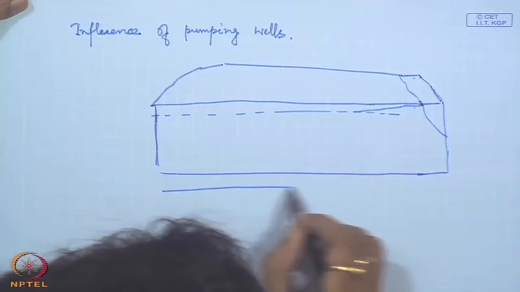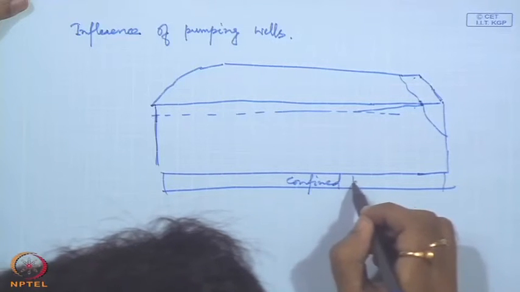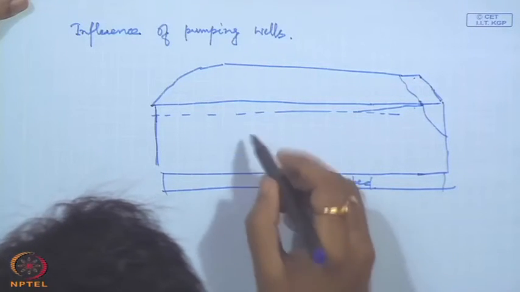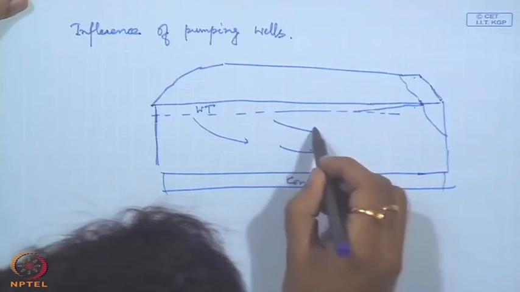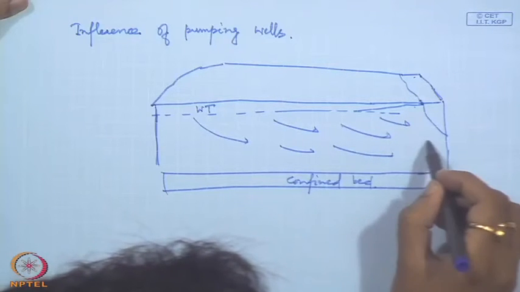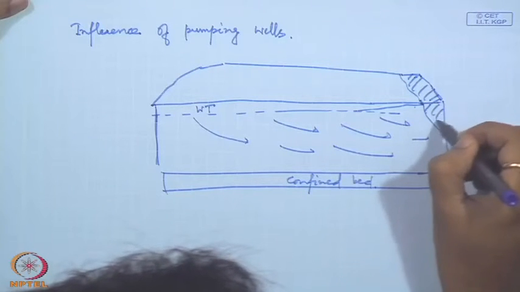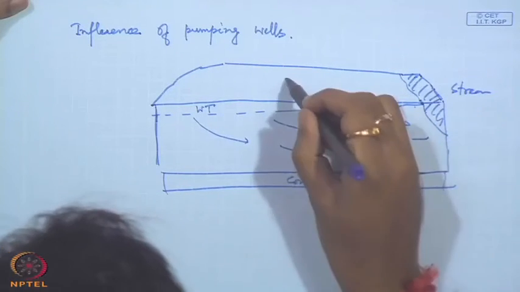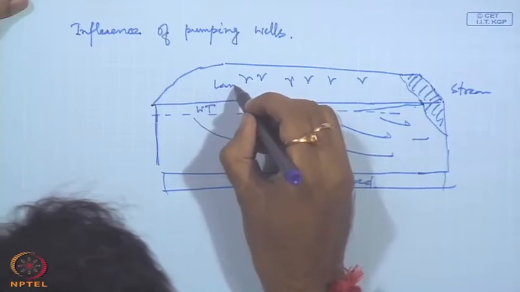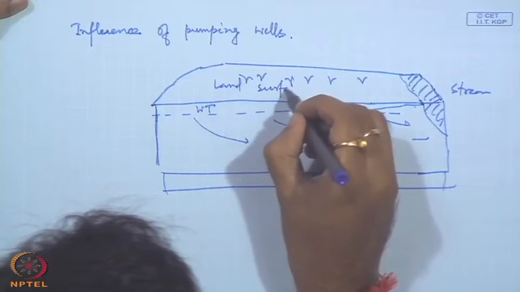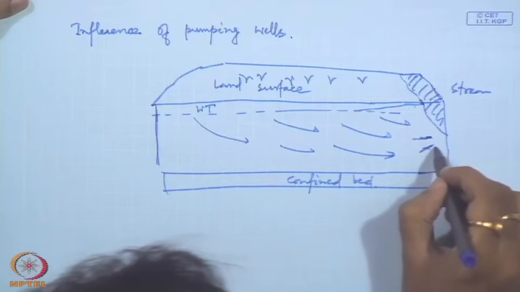This is the confined bed. So, there will be flow from this direction towards the stream. This is actually our stream, and this is the ground surface or land surface. So, there will be movement towards this stream.